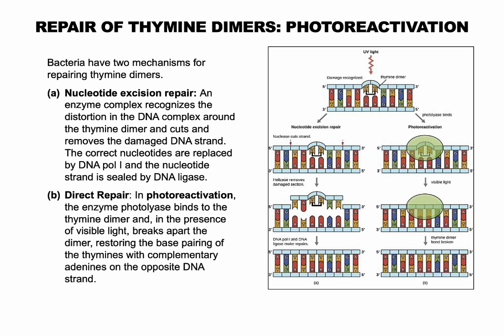The direct repair, also called light repair, of thymine dimers occurs through photoreactivation in the presence of visible light. An enzyme known as photolyase recognizes this distortion in the DNA helix caused by the thymine dimer and binds to it. Then, in the presence of visible light, the photolyase enzyme changes shape and breaks apart the thymine dimer, allowing the thymines to correctly base pair with the adenines on the complementary strand.